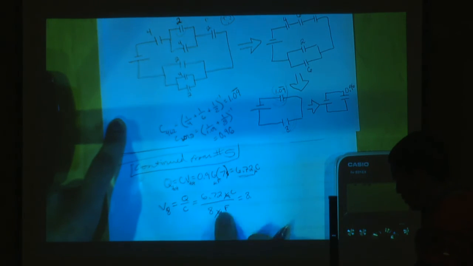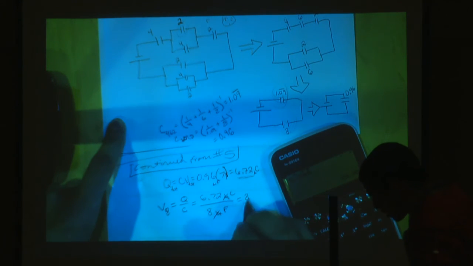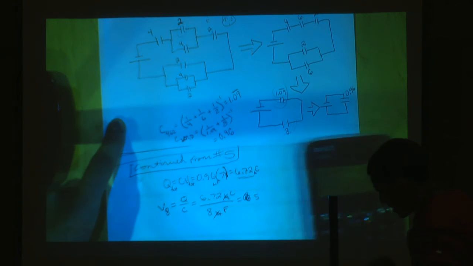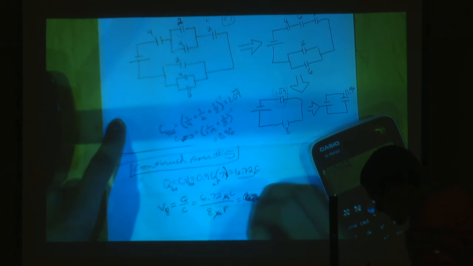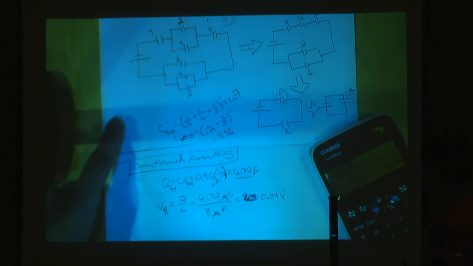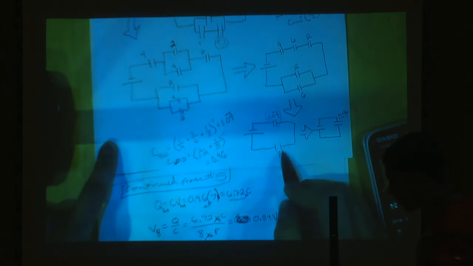Because these will cancel. Yeah, so e to the 1. So 6.72 divided by 8. And just like you said, we got, thank you for catching me, divided by 8. Volts. Okay. So we have 0.8 volts here.